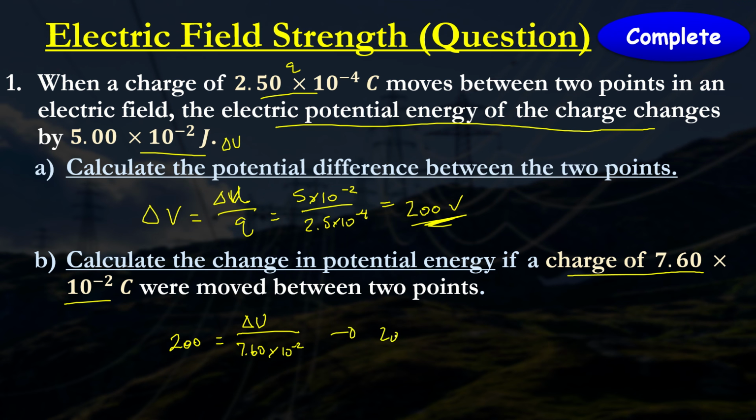So rearrange that, 200 times 7.6 times 10 to the power negative 2, sorry. And so the answer we get in this case is 15.2 joules. Okay, so that's what we have. Pretty sure that's correct.